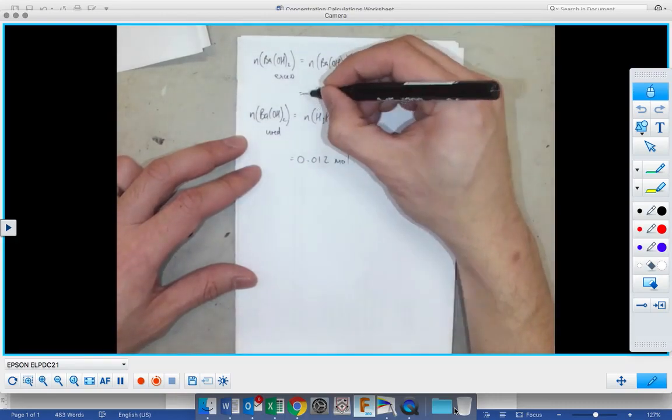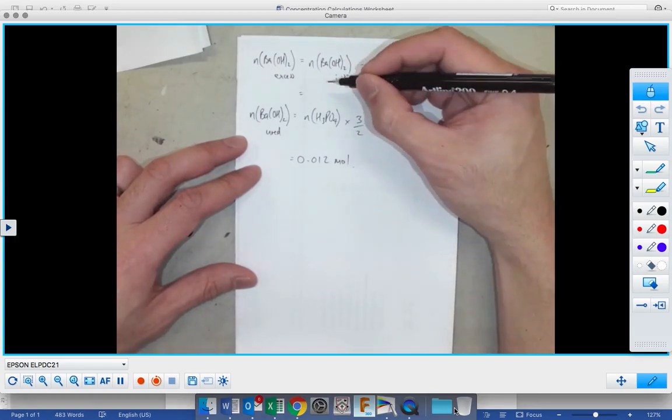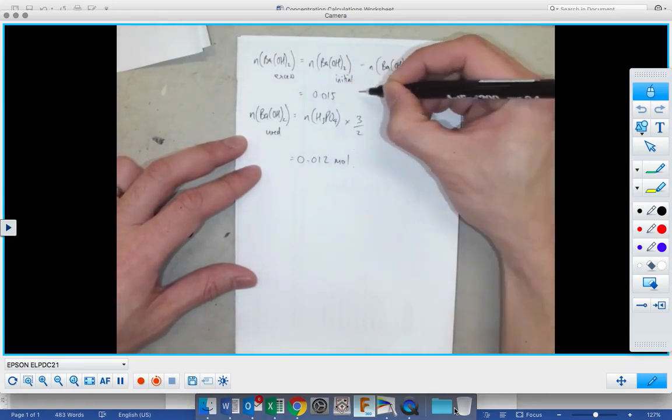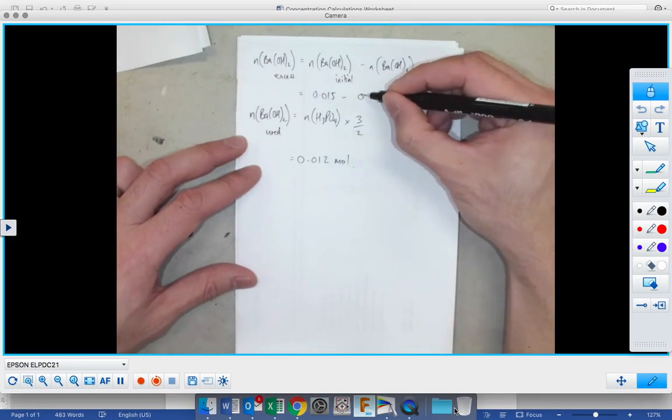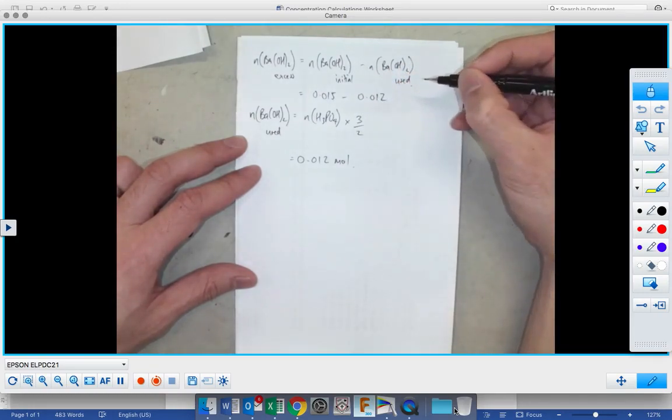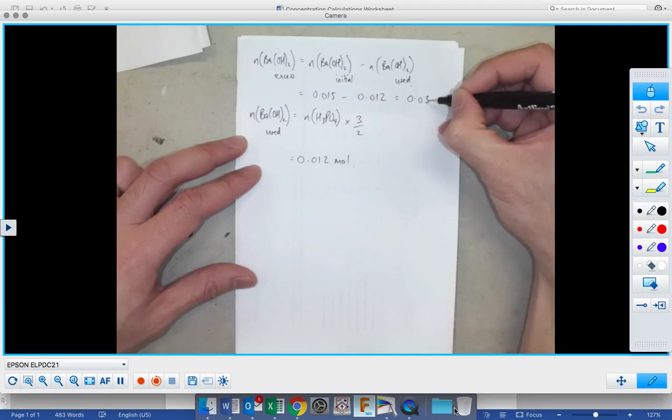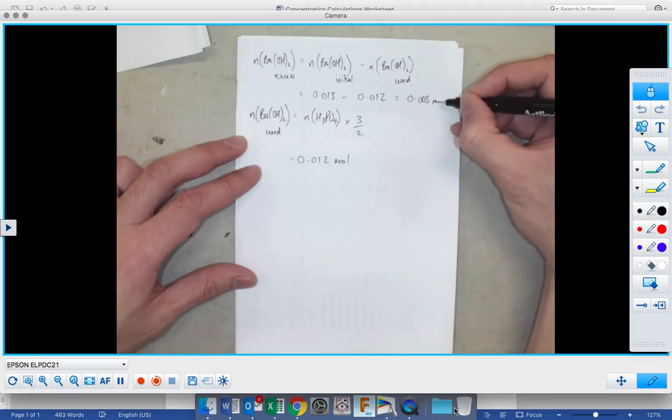Now we can go back to our first equation. The initial, 0.015, subtract 0.012, which will be equal to 0.003 moles.